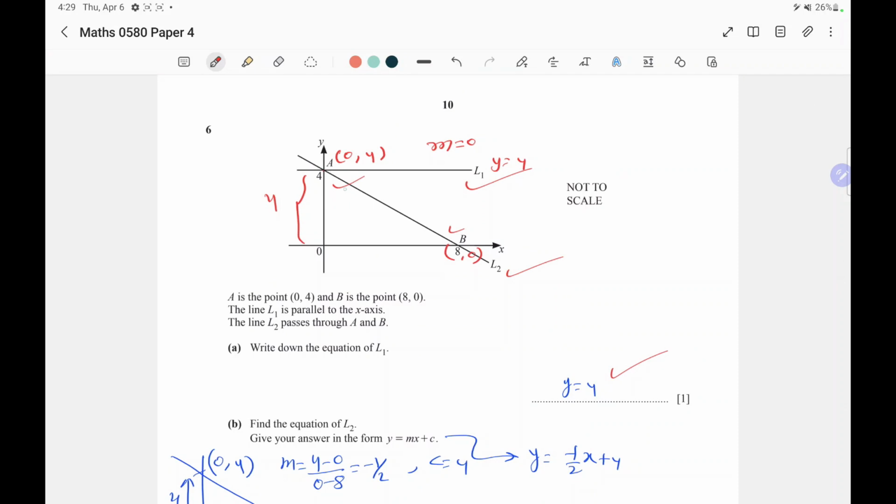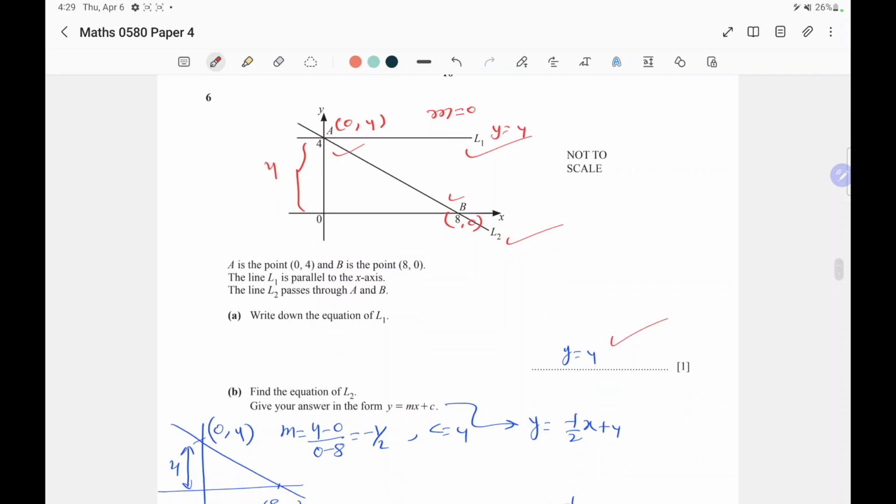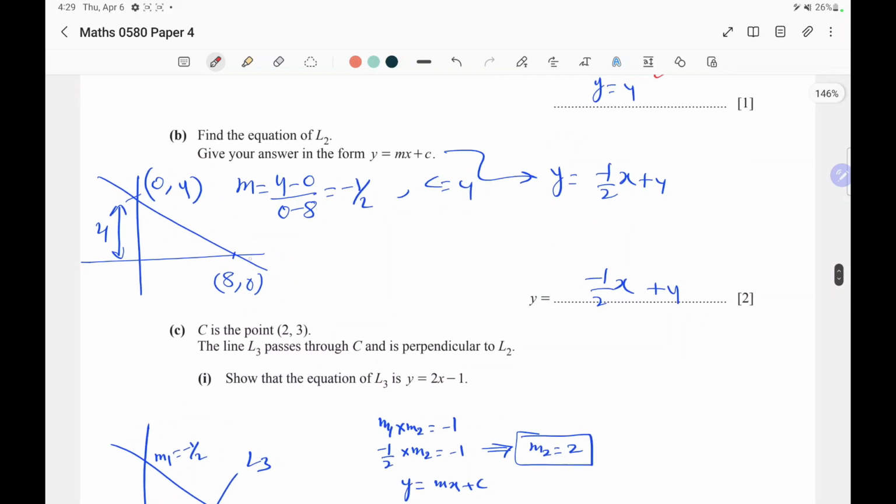Okay, L2 is passing through 2 points 0, 4 and 8, 0. So here I have shown this is 0, 4 and this is 8, 0. So first we need to find the gradient. So the gradient formula, you know that, y2 minus y1 over x2 minus x1, right? So I considered this one as x1, y1, and this one I considered x2, y2.